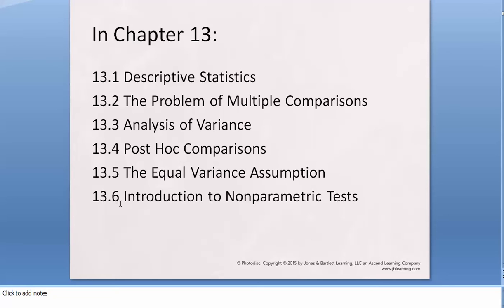And then 13.6 is an introduction to non-parametric tests. Again, this is just an introduction. Even this section, you don't have to worry about as far as the tests go, because this is a basic stat class. We don't have to go into depth. In fact, non-parametric statistics by itself is a course or maybe several courses.